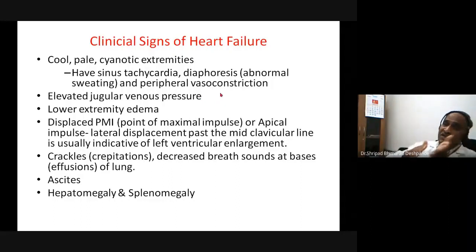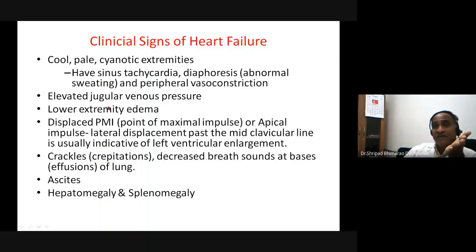You have to make the patient semi-inclined, at 45 degrees, and then you look for the pulsation of the jugular vein, and it is seen even up to the ear level. So there is an elevated jugular venous pressure as well as pulsation.